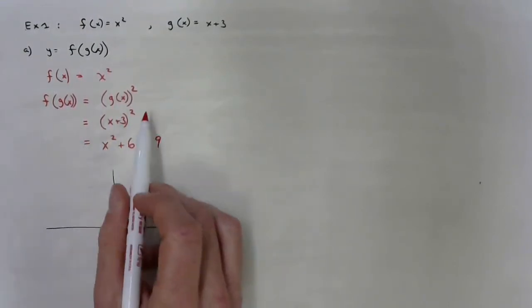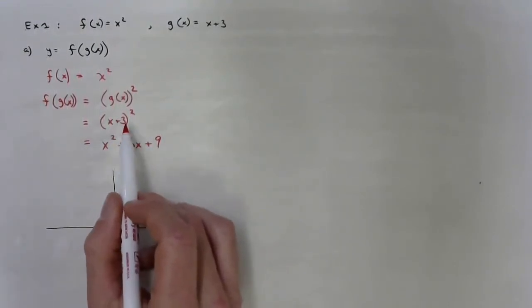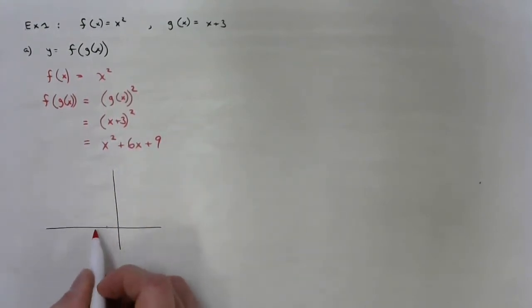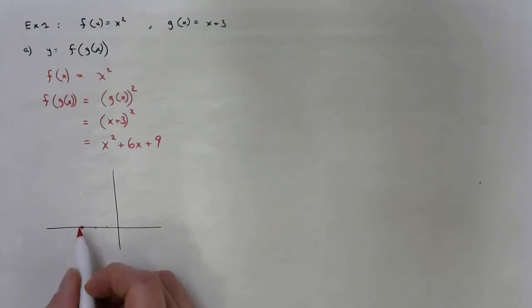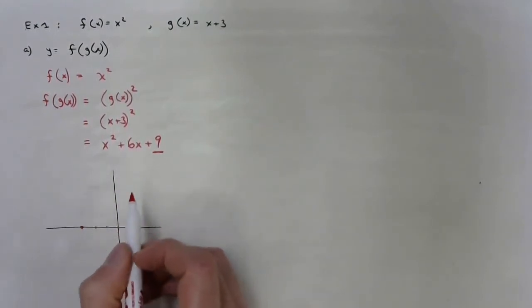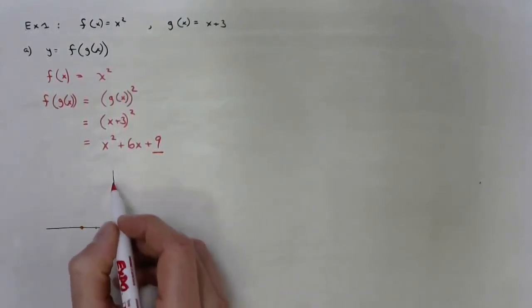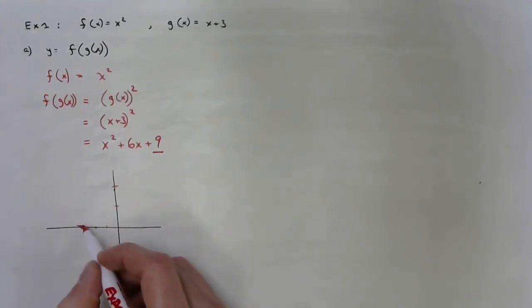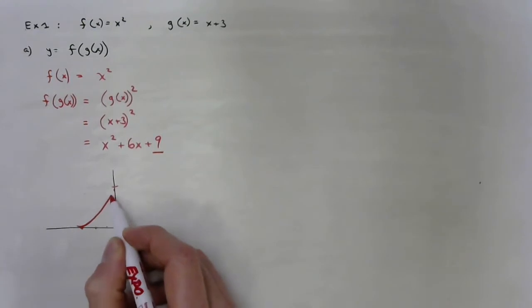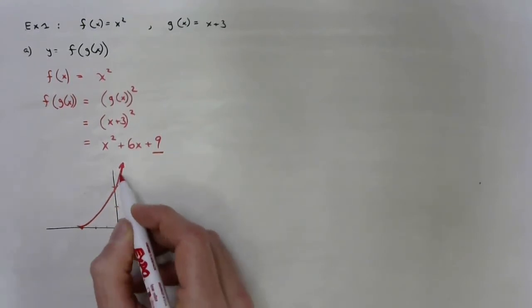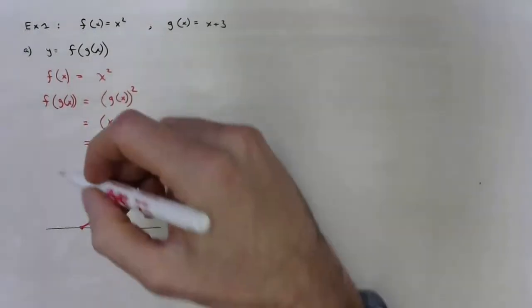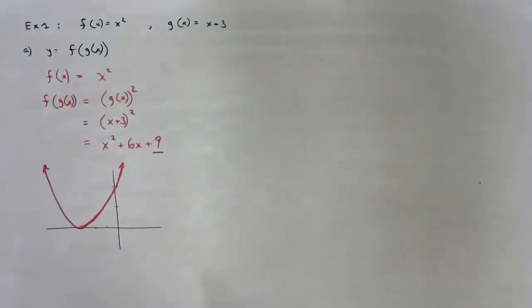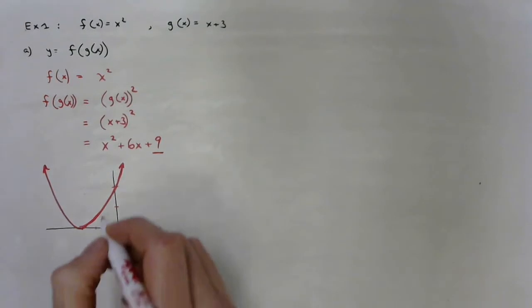This tells us that it is a parabola with a horizontal translation 3 units to the left. So I go 1, 2, 3. This tells us its y-intercept. So let's say 5, 10, we're at 9. My scales are different on my x and y axis, so it's going to look fatter than it maybe should or could. At any rate, looks something like that.